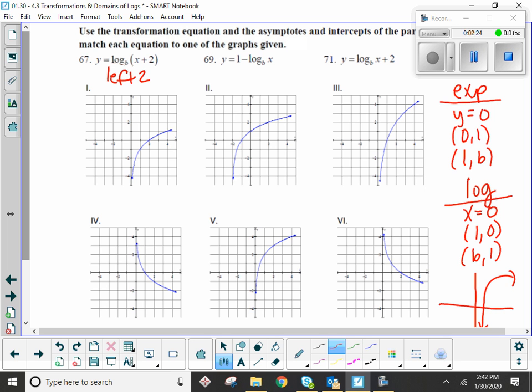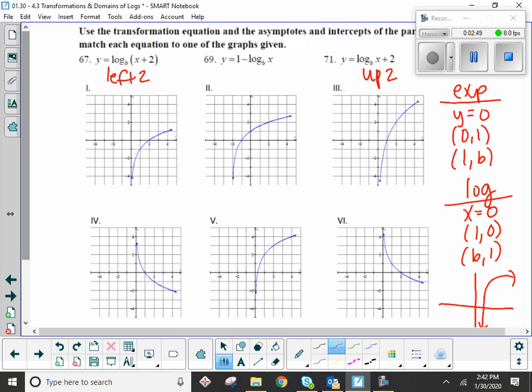What kind of transformation does 2 represent in this equation 71? Up and down, that's right. So without the parentheses, it's a vertical shift. With the parentheses, it's a horizontal shift. That will be one of the first things that students forget to check for on a quiz or test. So be careful about that.